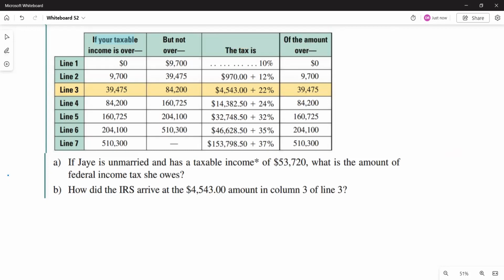They already highlighted line 3 because 53,720 is over 39,475 but not over 84,200.